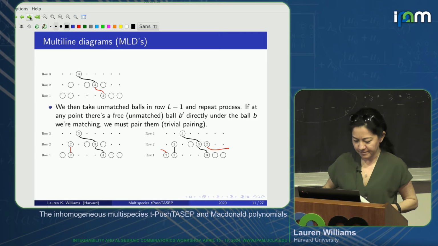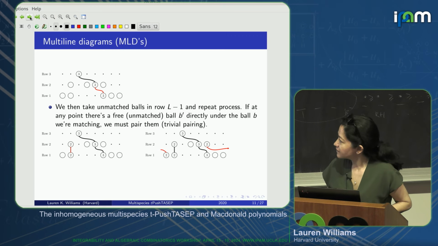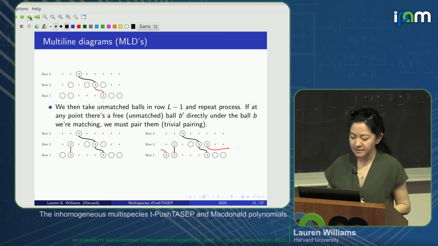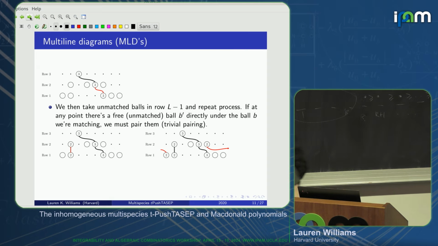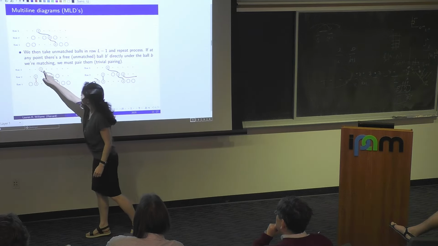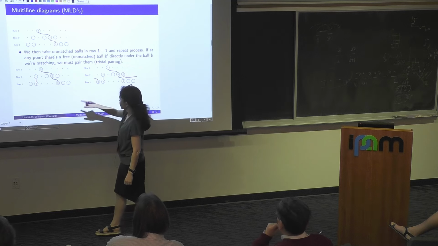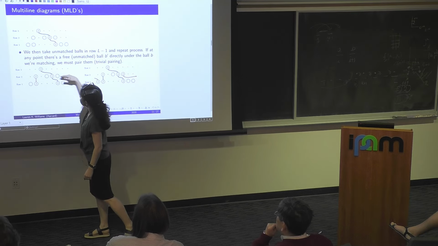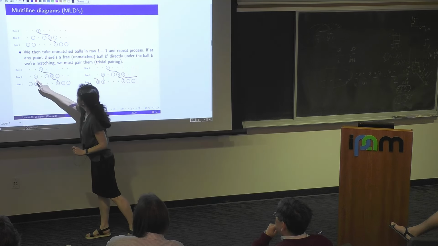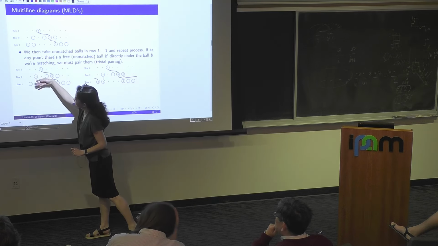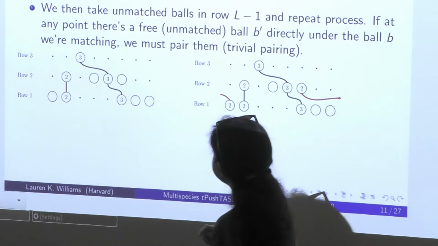Okay, so this is just showing how I can construct a multi-line diagram from this ball system. So I've started by matching 3 to partners below, and then I have to take unmatched balls in the second row, and I have to start looking for partners for them. And this particular ball, before I paired it, had a ball directly underneath, so I had to pair it.